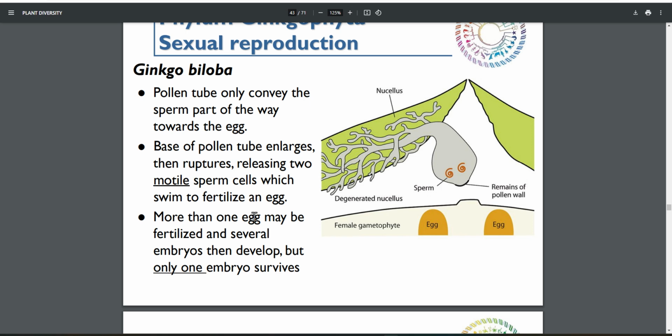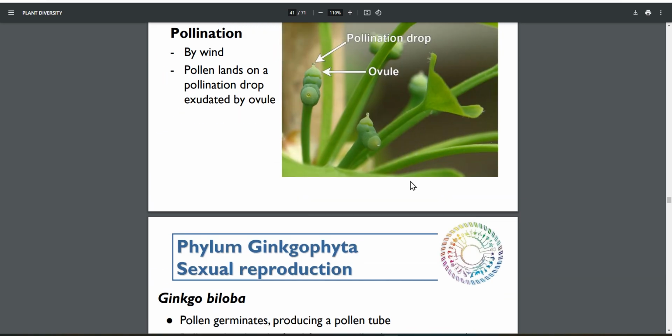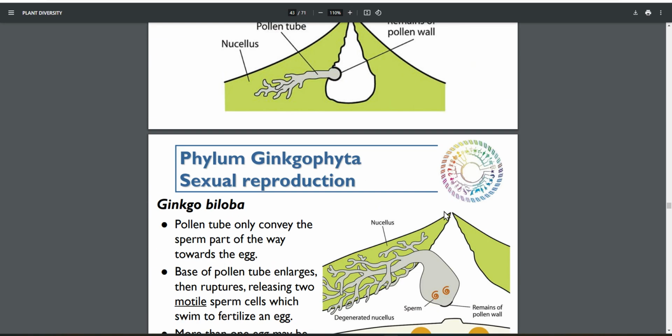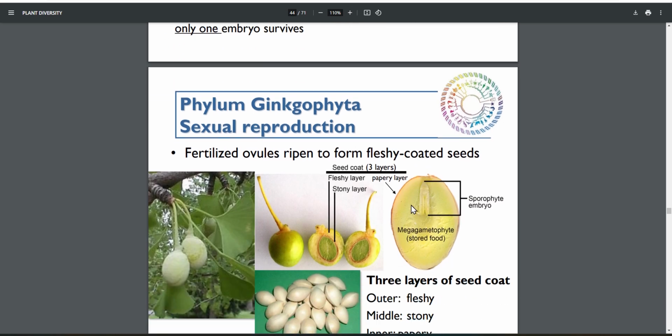And anyways, despite the female gametophyte maybe producing more than one egg, and more than one egg could be fertilized and develop into embryos, only one embryo would survive at the end. What that means is that one ovule can only produce one embryo and in turn one seed.